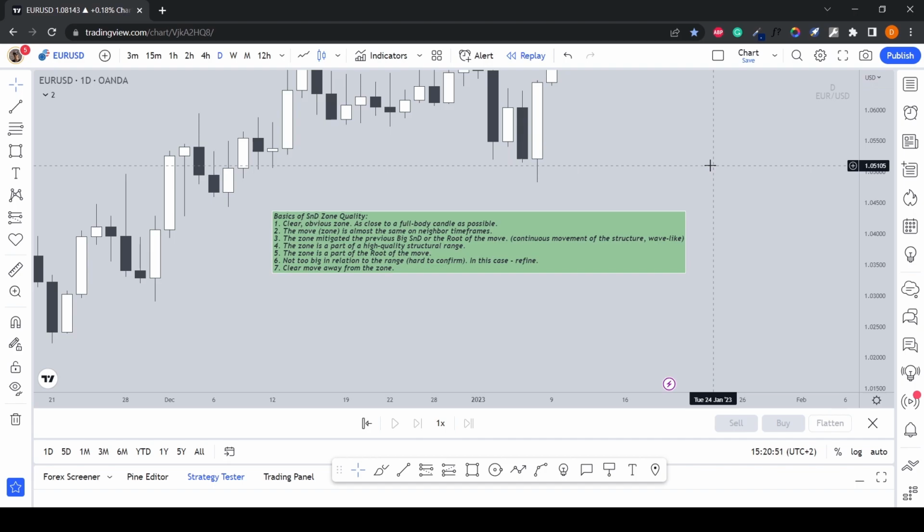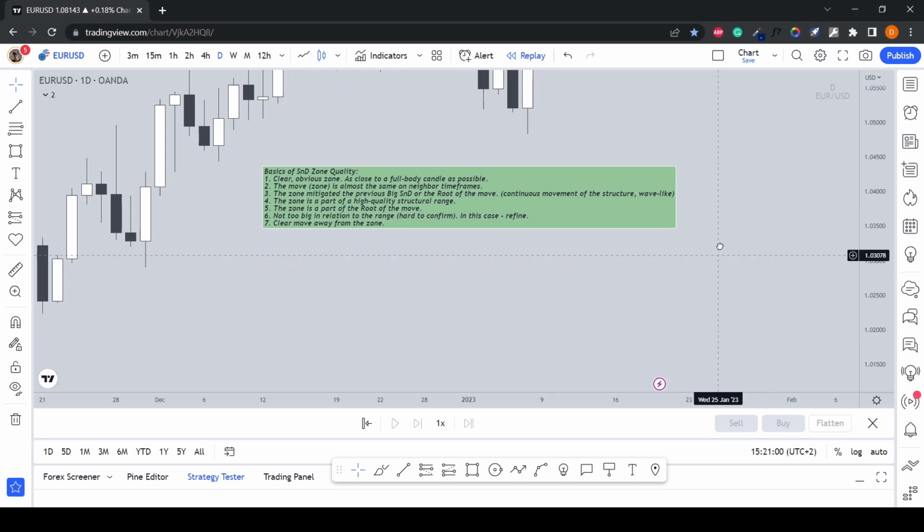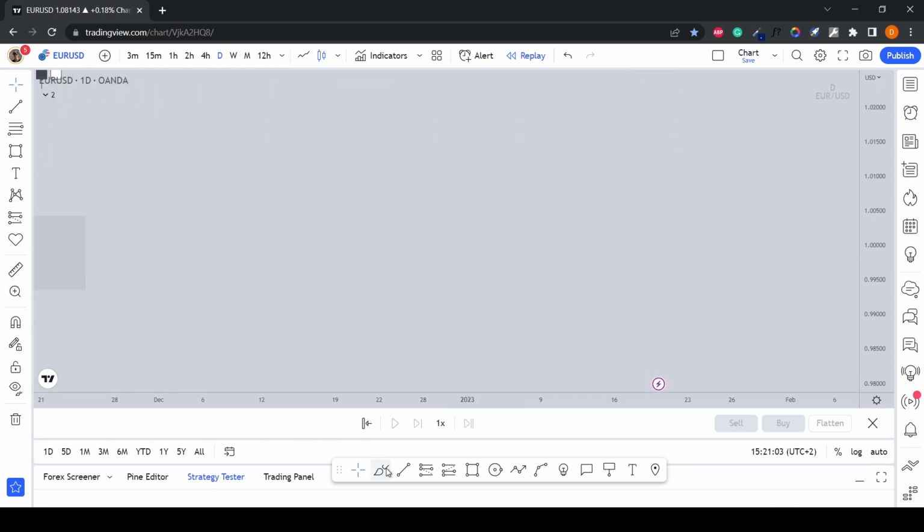Next point is about the zone which is a part of the root of the move. So again, let me quickly draw it for you.